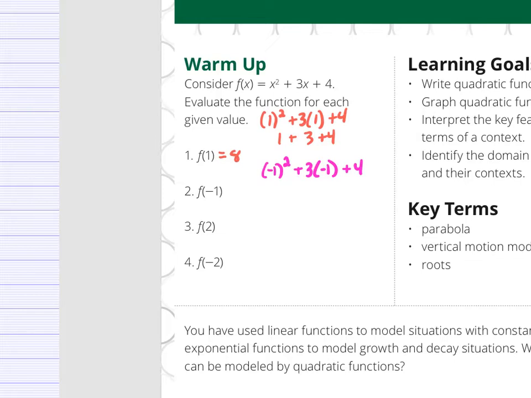Negative 1 squared is negative 1 times negative 1, which is actually a positive 1. 3 times negative 1 is a negative 3. And then bring down my plus 4. 1 minus 3 is negative 2. Plus 4, and negative 2 plus 4 is a positive 2. So the function notation f of negative 1 equals 2.